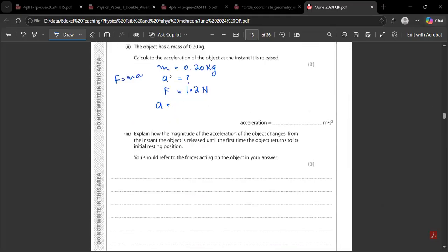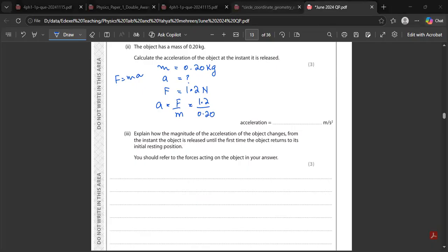All right, so we have to make a the subject. So F divided by m, it will be 1.2 divided by 0.20. So what should be the answer? 1.2 divided by 0.20.